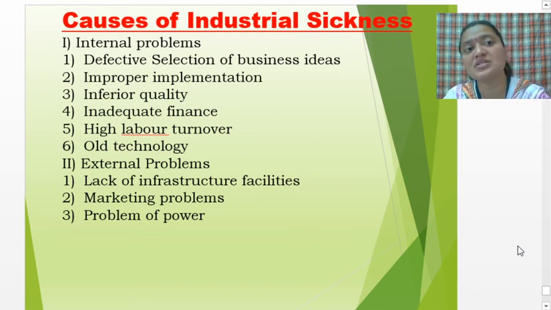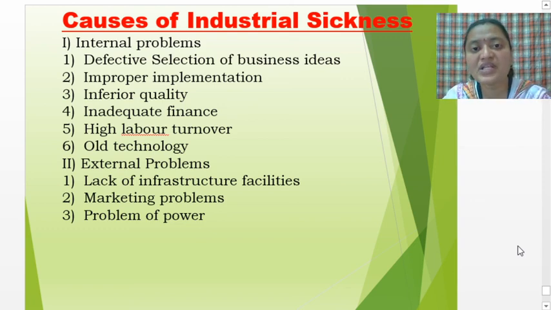Then old technology. If the industry is using old technology, old techniques or old technological machines, then also the industry will come into loss or become a sick unit.